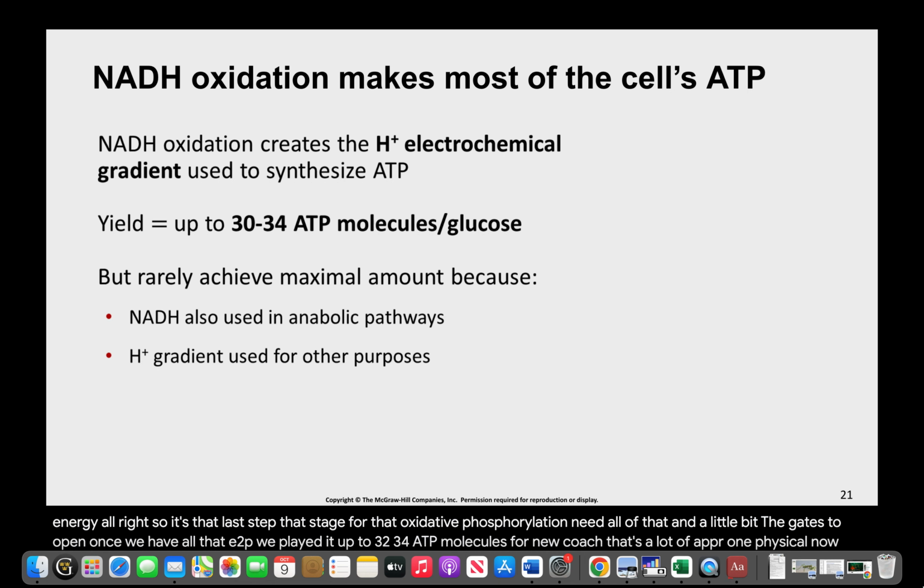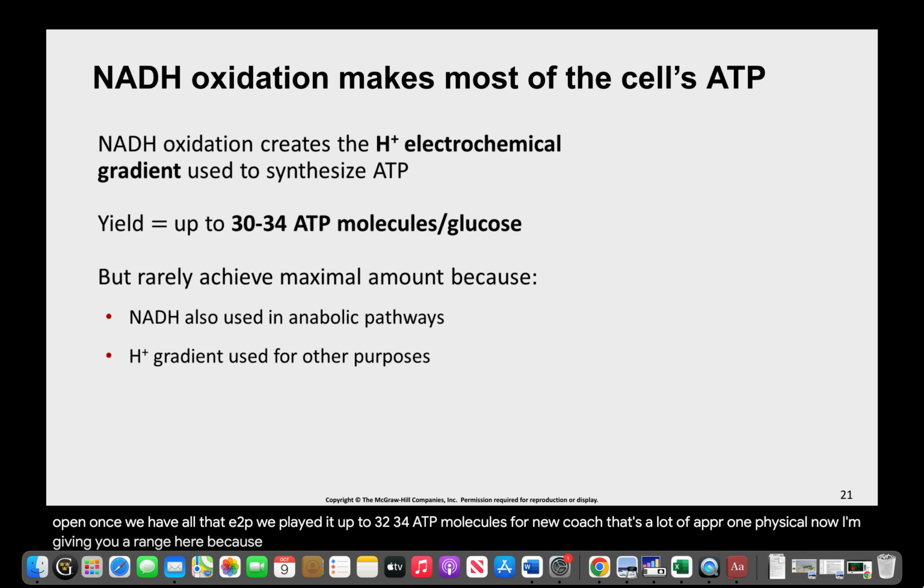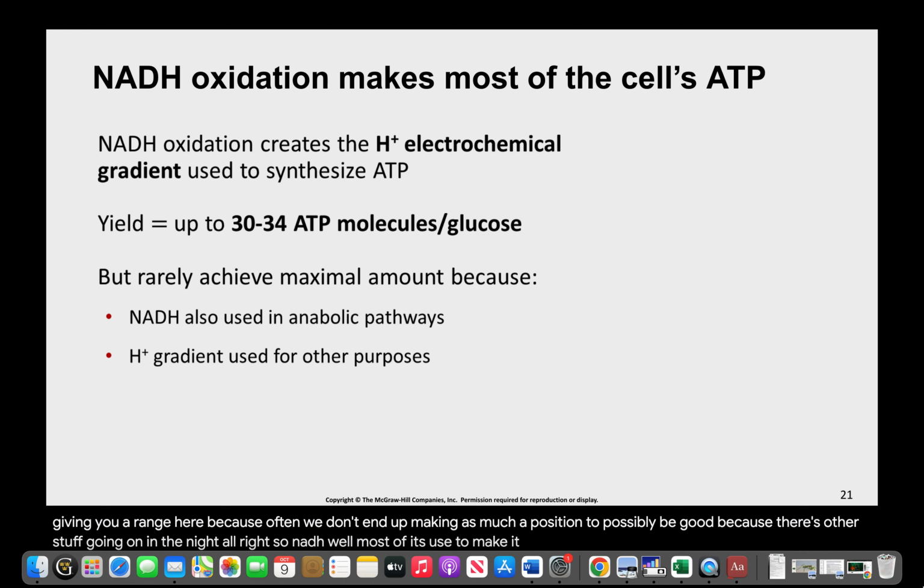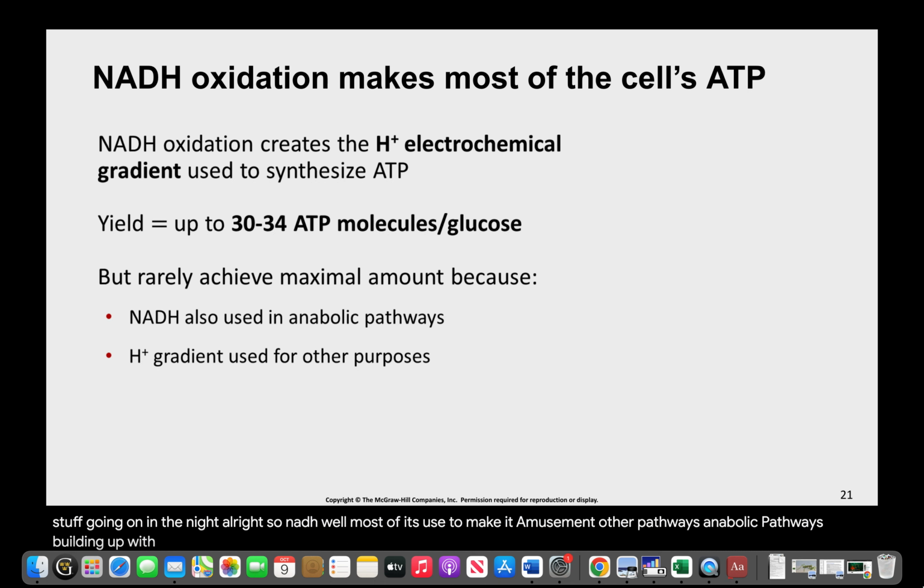That's a lot of ATP for one glucose molecule. Now I'm giving you a range here because often we don't end up making as much ATP as we possibly could, because there's other stuff going on in the mitochondria. So NADH, while most of it's used to make ATP, can be used in other pathways in mitochondria, these anabolic pathways building up different molecules.